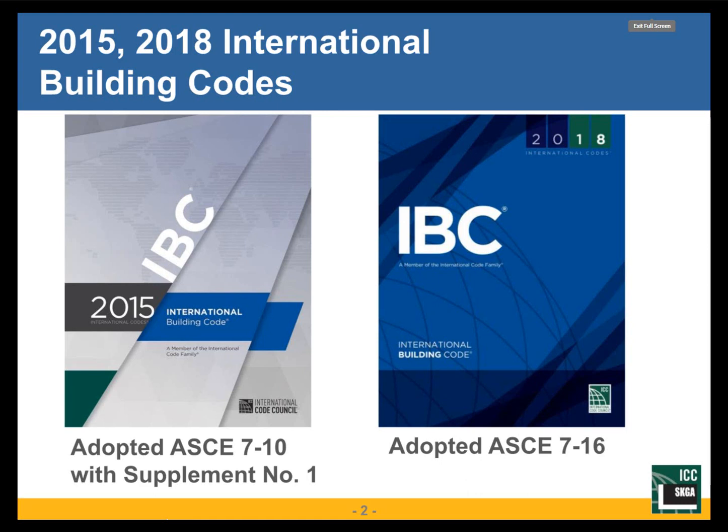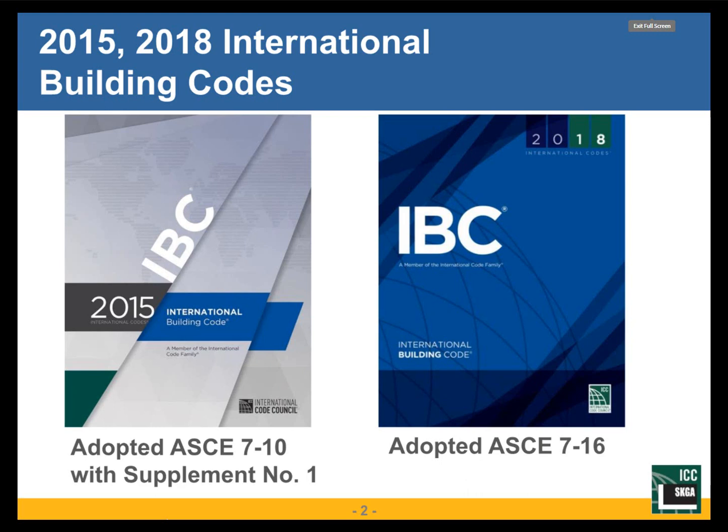This slide I included to make the point that big changes, particularly in chapter 16, the big design chapter of the IBC, these days happen when the referenced ASCE 7 standard changes edition. So the 2015 IBC was based on ASCE 7-10.